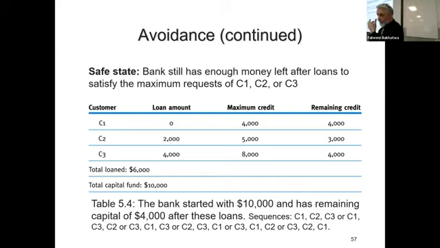Of course, if you are asked in a test or an exam, it's in a safe state, but you need to go through this process and prove that it's in a safe state. You say, okay, we have 4,000. You need to find out the maximum given. We already gave 6,000 total loan, but the bank altogether has 10,000, so the remaining in the bank is 4,000.